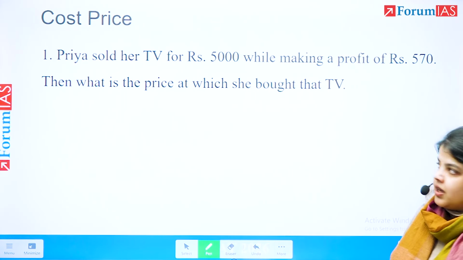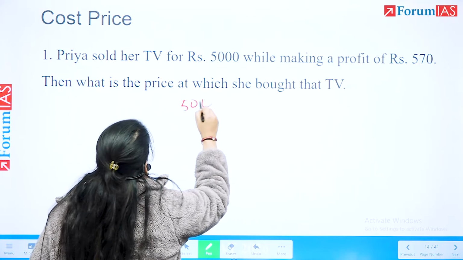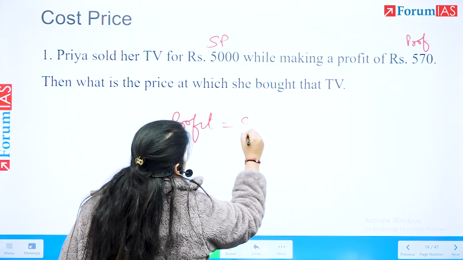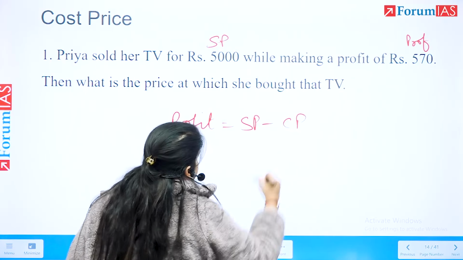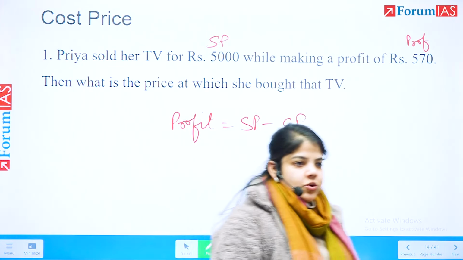Yes. So, we use a simple formula. 5,000 was the selling price. This is the profit. Always just remember one formula, which is profit equal to selling price minus cost price, ya phir selling price is equal to cost plus profit. Learn any one, everywhere it will be used.